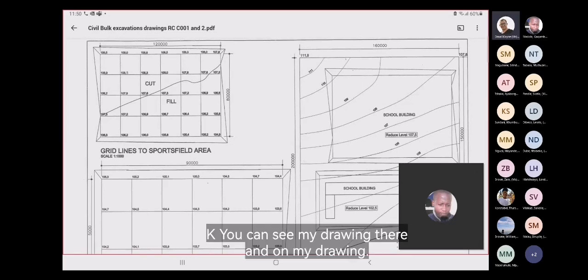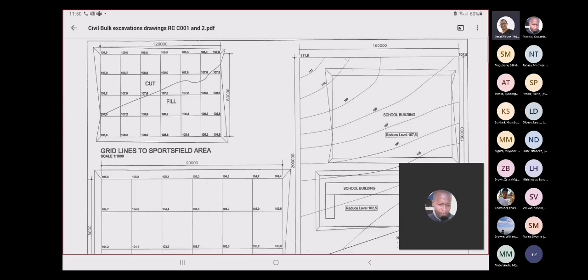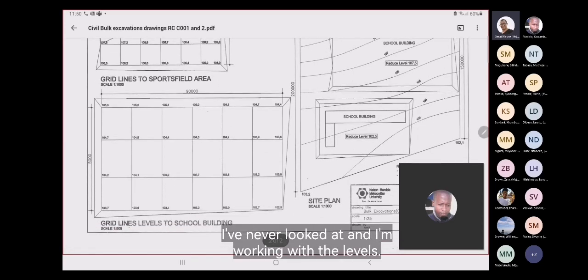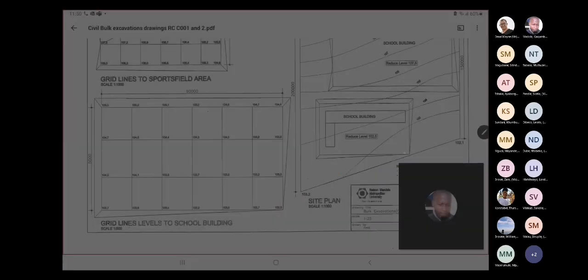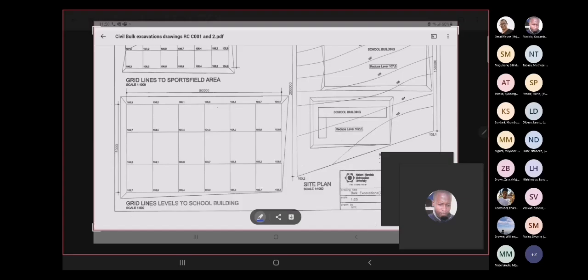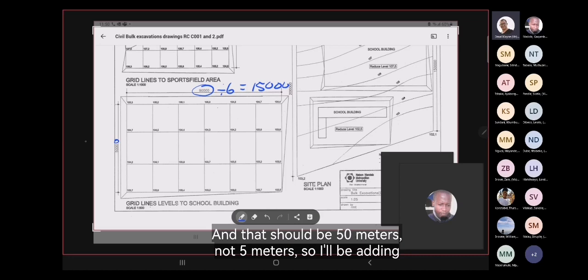Okay, you can see my drawing there, and on my drawing, I've now looked at and I'm working with the levels, saying that 90 divided by 6 gives me a D of 15 meters, and that should be 50 meters, not 5 meters.